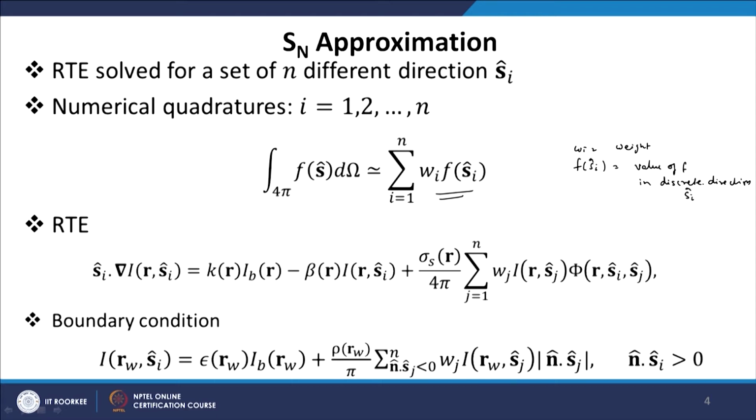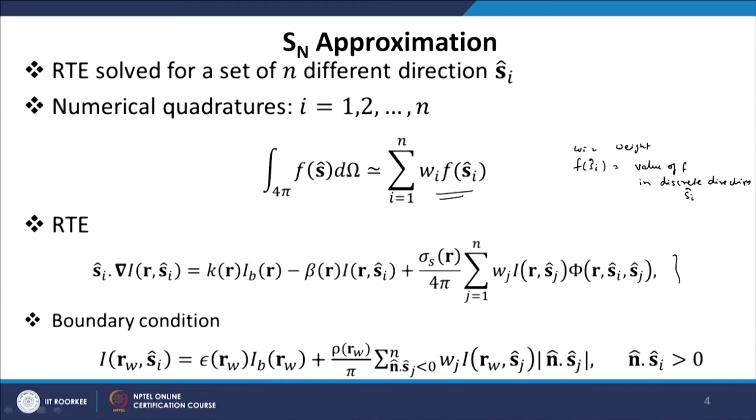S_i cap. So, we have chosen certain directions, and along those directions we are solving the RTE, and the integral over solid angles appearing in the RTE is approximated using numerical quadrature. So, now our governing equation, the radiative transfer equation, becomes a purely differential equation. Integration does not appear in this equation. We are evaluating intensity in discrete direction S_i cap, and the integration has been replaced by numerical quadrature.